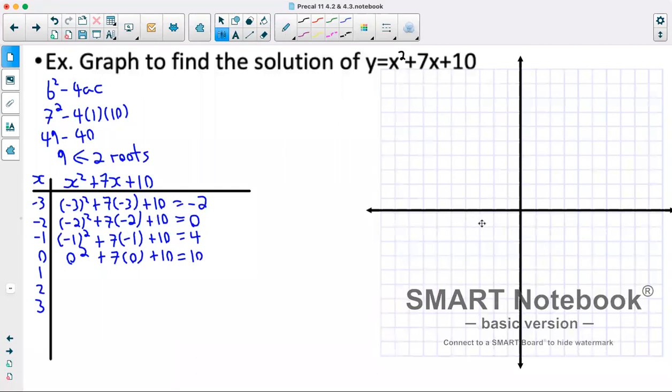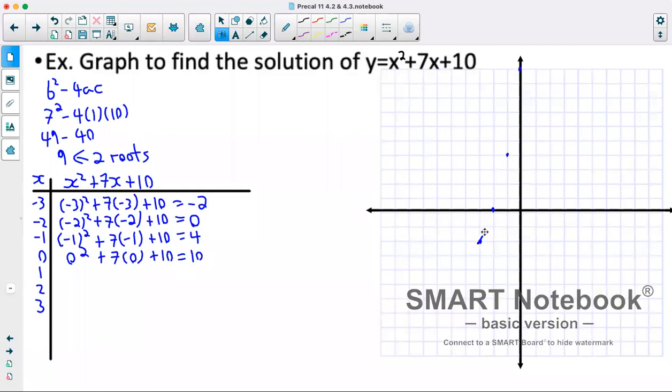So at negative 3, we're down at negative 2. At negative 2, we're at 0. At negative 1, we're at 4. And then at 0, we're at 10.